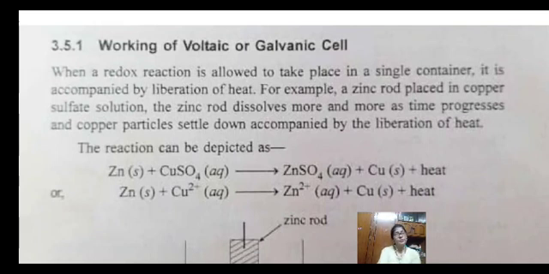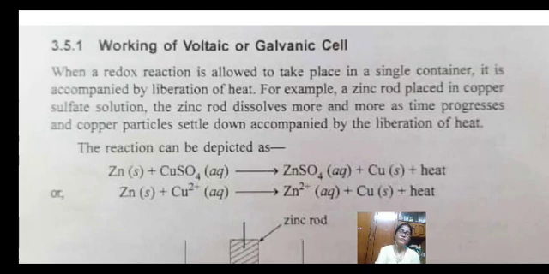To be more precise, a cell is a device which converts chemical energy to electrical energy or vice versa. Today we will be discussing the galvanic cell or voltaic cell, which converts chemical energy to electrical energy. Now first let us understand the structure of a galvanic cell.